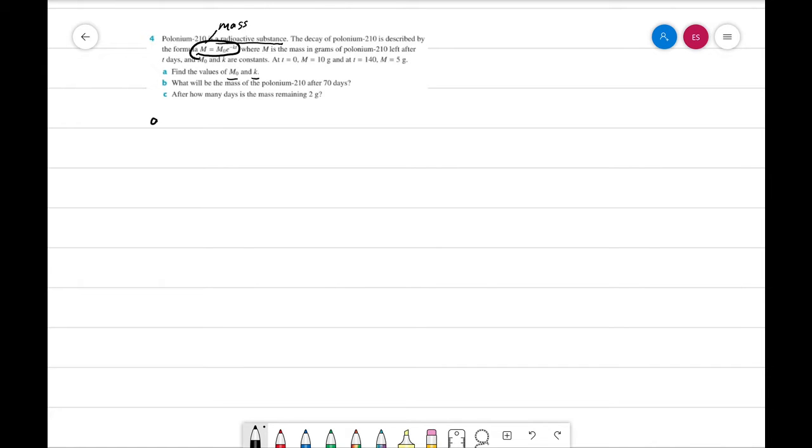Now we know that at time 0, the mass is equal to 10. So let's sub in t is equal to 0. Now this will be 0 up here because k times 0 is 0, and e to the 0 is just 1.